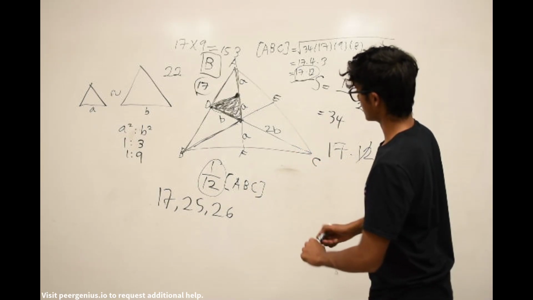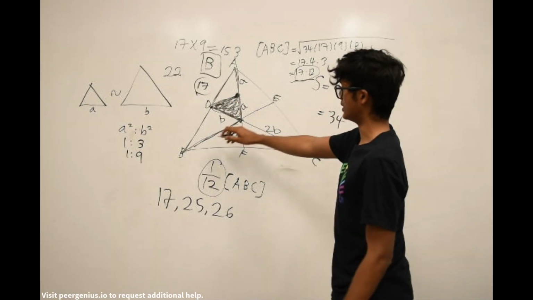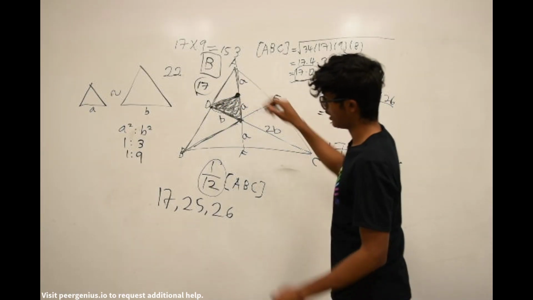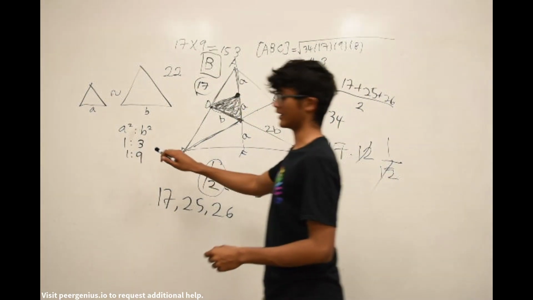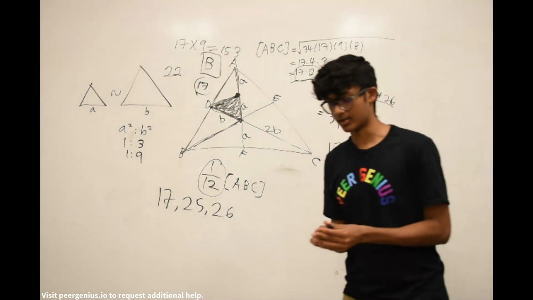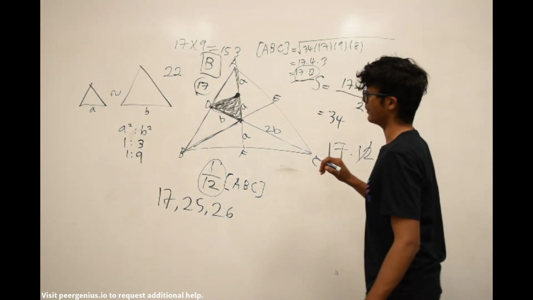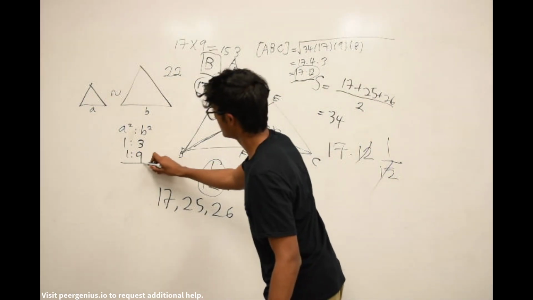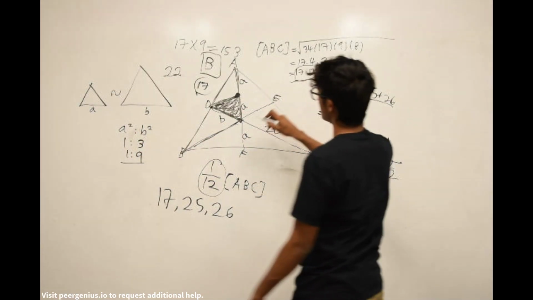So this ratio is 2 to 1, which is why I put 2B and B, and then he put the midpoint here. This 1 to 3 ratio that he had here is called a dilation factor. The dilation factor of the side length can be squared to find the dilation factor of the area. So he got this 1 to 9 when he squared the dilation factor.